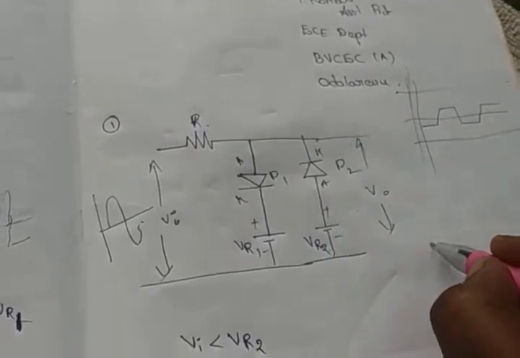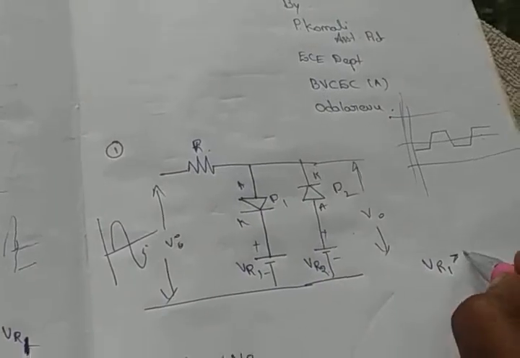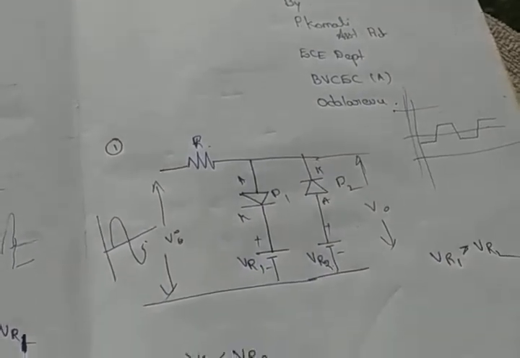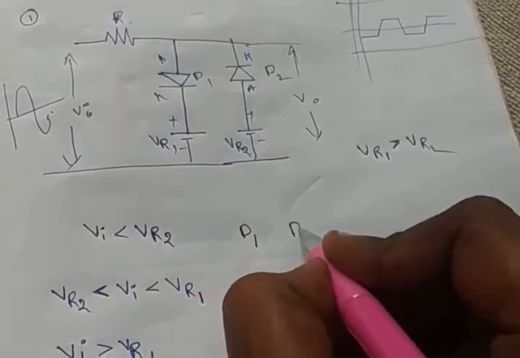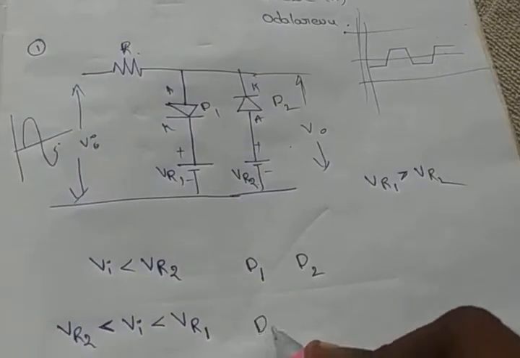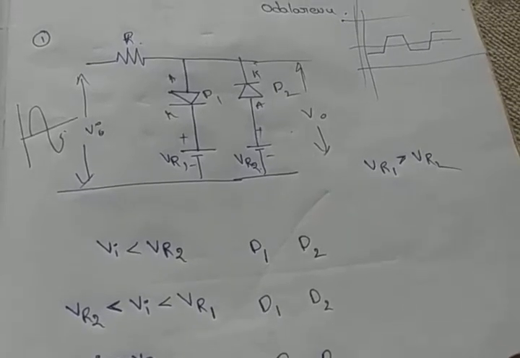Here, let us consider VR1 is greater than VR2. So let's see the conditions of diodes D1 and D2 for all these cases.